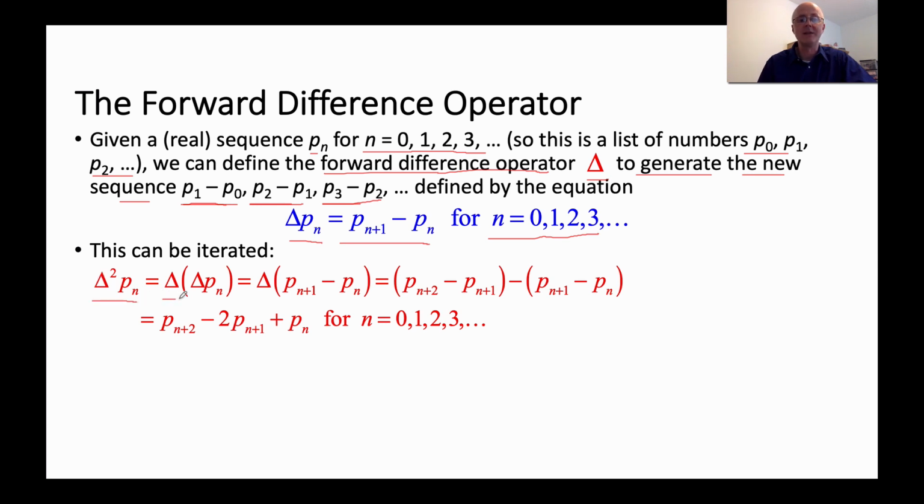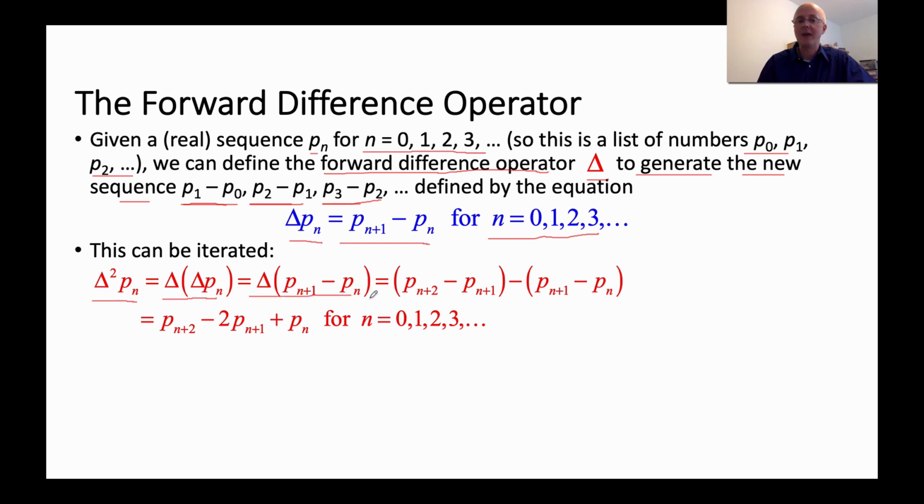What that really means is delta of delta Pn. It's not literally multiplying the delta. That's really applying it twice. It's really a function being applied twice. Well, delta Pn is P1 minus P0, P2 minus P1, P3 minus P2.